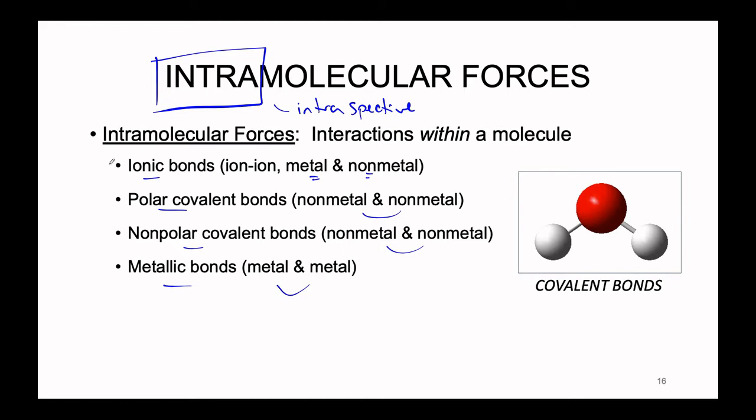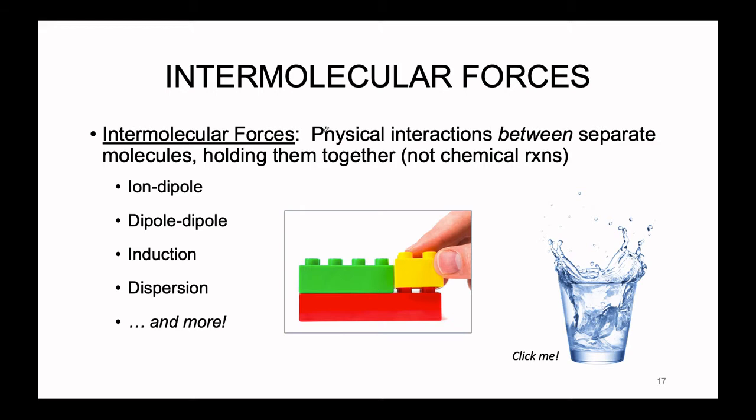Now, the strongest emphasis that we have had so far in general chemistry is with the ionic and the covalent bonds. These are all types of intramolecular forces. They occur within the molecule and hold the molecule together. These are the introspective forces that keep matter whole.